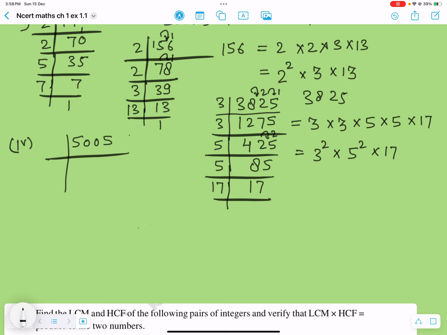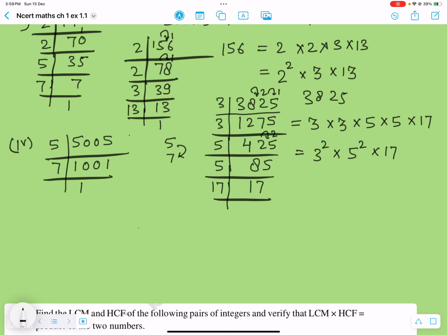We're not gonna attempt it with 2 or 3. It'll be 5. 5 1s are 5, 0 0, 5 1s are 5. And now the next number. Next number cannot be 5 because the last digit should be 0 or 5. It is not. Then we'll try the next prime number, that is 7.